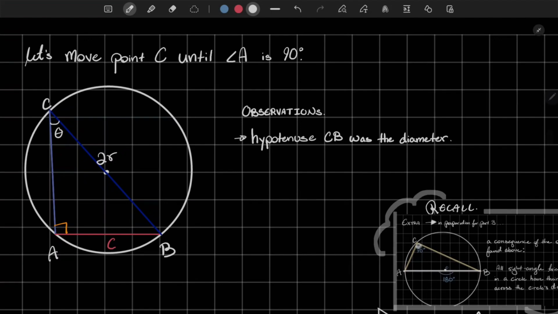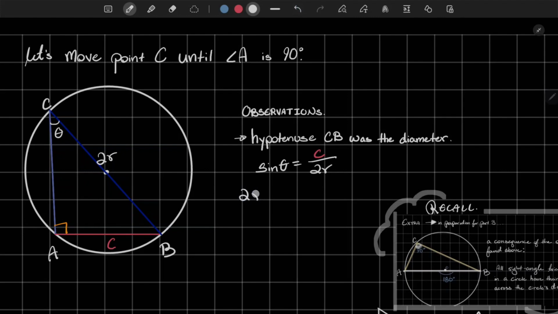So let's take this and solve for our diameter here, or solve for 2r, which is diameter. Here, so we know sine theta equals C over 2r. Yeah.